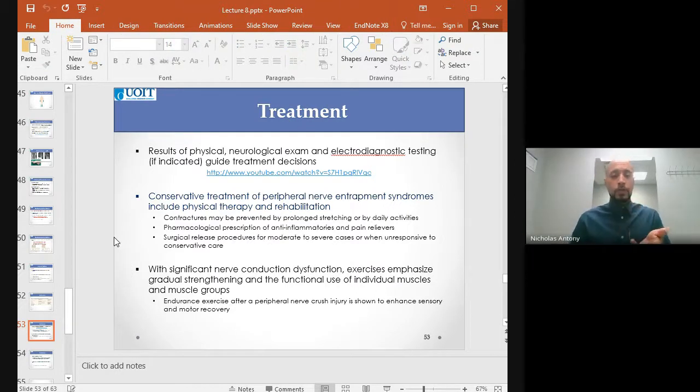But there was a question Arvin asked, how do you treat a peripheral neuropathy? So someone's coming in with a neuropathy. Now remember, it's as a result of repeated friction or trauma to an area on the peripheral nerve.